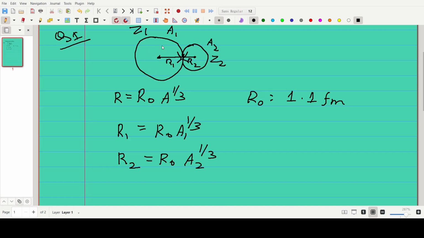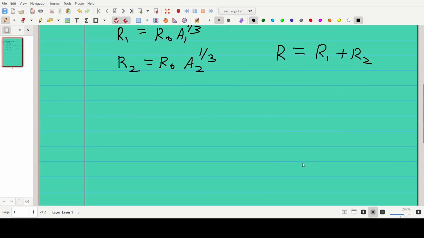But for the moment, because it is a very simple problem, we stress that this is a spherically symmetric charge distribution, and so the effective distance between the two charges will be r1 plus r2.